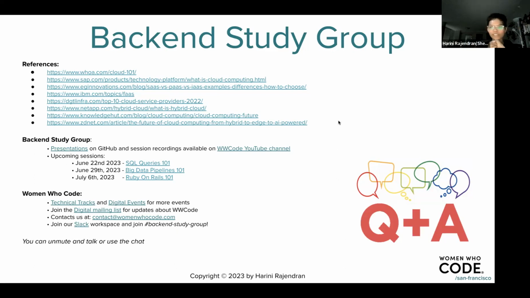In my personal experience, I have not taken any certification courses or anything as such. Based on the use case and the needs of the project, I've always done some research, figured it out, dabbled with it, and then started using it. That's how I have been learning cloud.